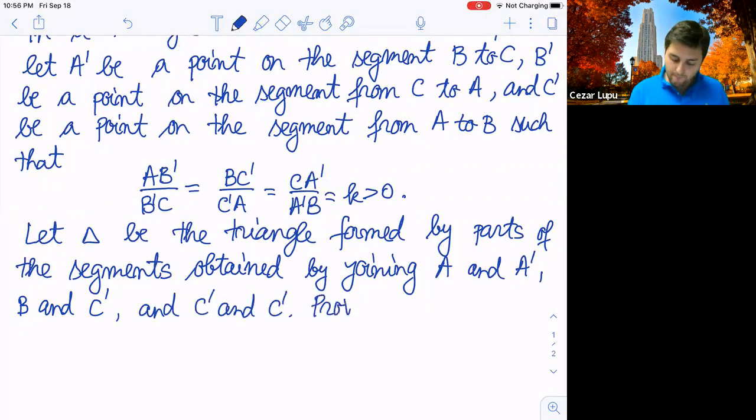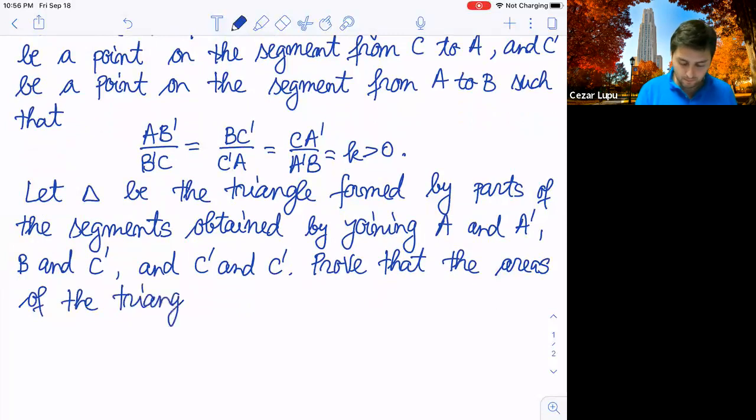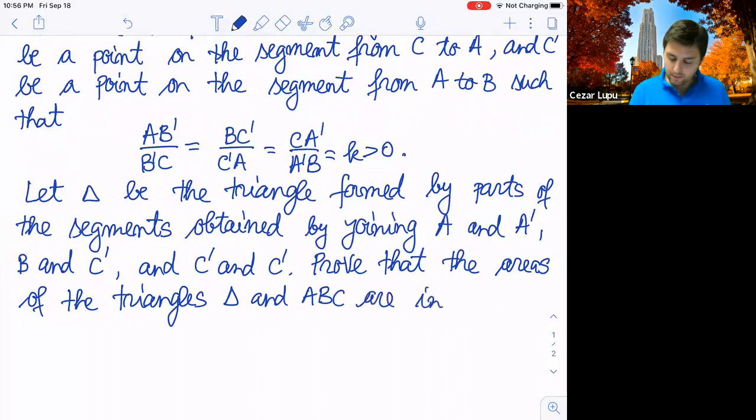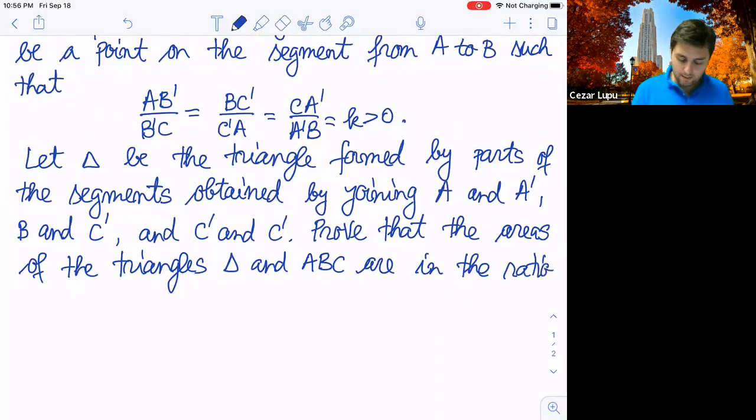Prove that the areas of the triangles delta and ABC are in the ratio (K minus 1) everything squared over K squared plus K plus 1.